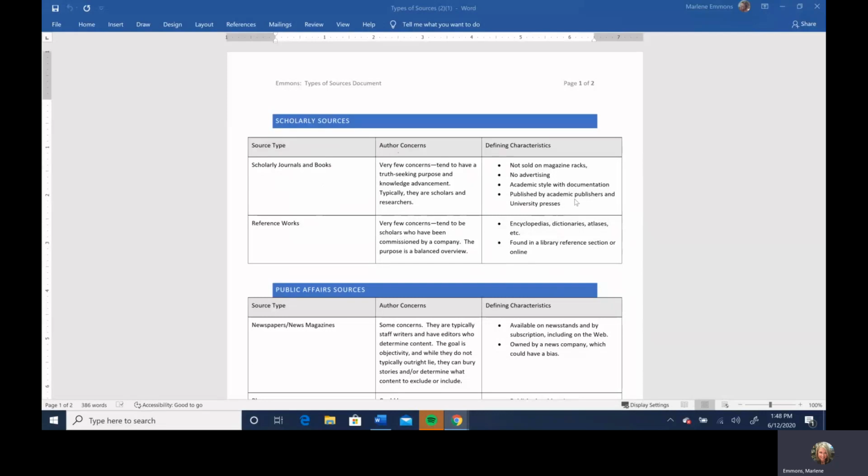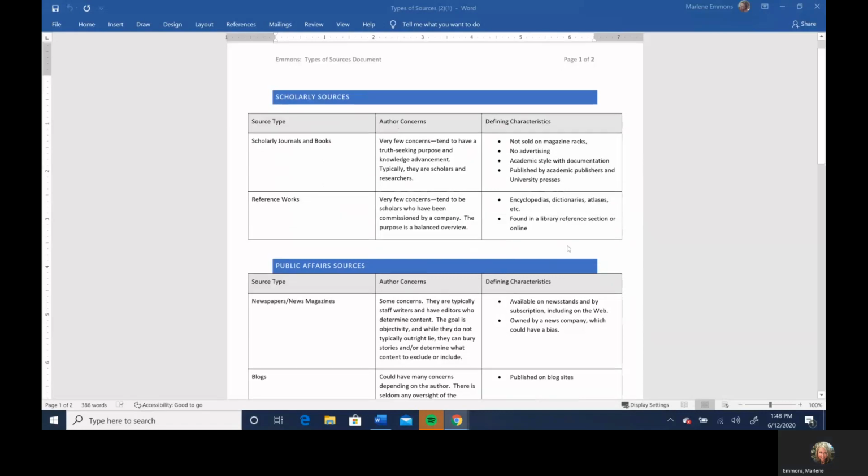They are, again, published by academic publishers and university presses. So when we go into databases, you will see these academic journals. And that's what we're talking about here. Anything that has this academic publisher. This also includes reference works, and those would be things like dictionaries, encyclopedias, atlases.